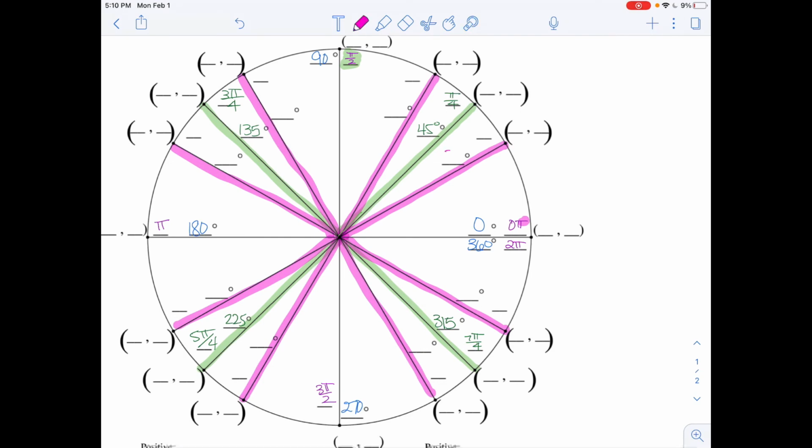So we're going to say this is 30 degrees. Add another 30, that's 60 degrees. Add another 30, that's 90. Add another 30, that's 120. Add another 30, that's 150. Add another 30, that's 180. Keep going in that pattern. 240, plus 30 is 270, that's right here. 270 plus another 30 degrees is 300, plus another 30 is 330.